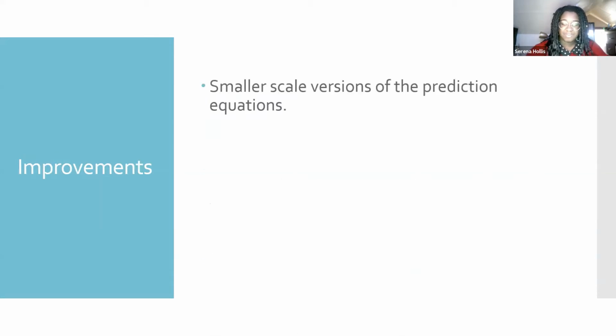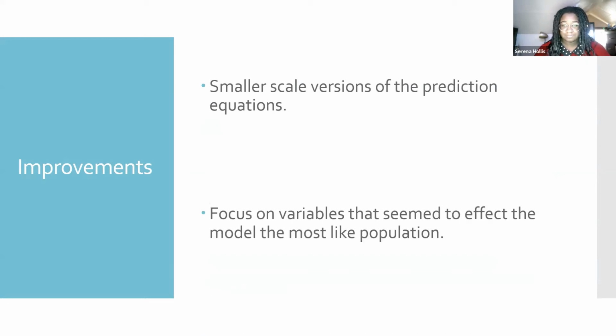And then some improvements that I would make overall would just be to make a smaller scale version of this prediction model, particularly one that might do individual states like Ohio, since I'm from Ohio, or Tennessee, since this project was based in Tennessee with the university, UTC. And instead of doing it by county, I would do it by city, since that would increase the variability for my prediction model.